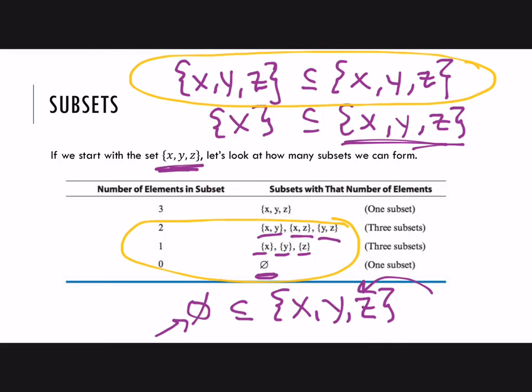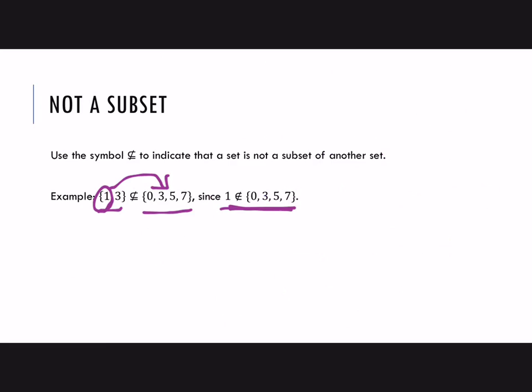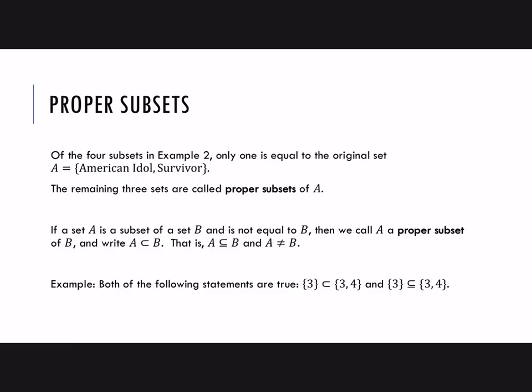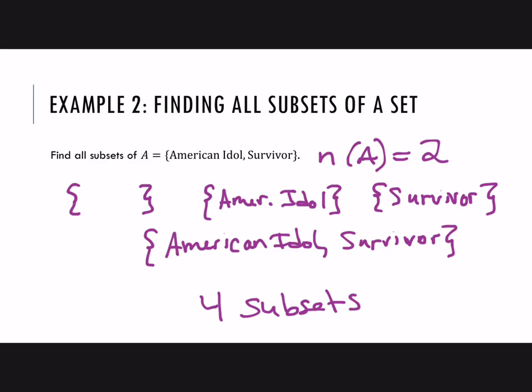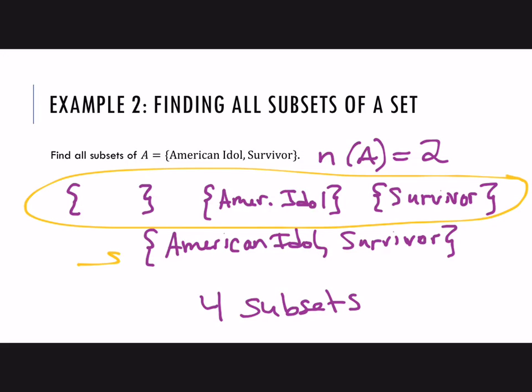It is a subset, but it's actually not the set itself. If we look at the American Idol and Survivor example, we had 4 subsets, and only 1 was equal to the original set. The other 3 were proper subsets. So these 3 are proper. This one is not proper because it actually equals the set itself.